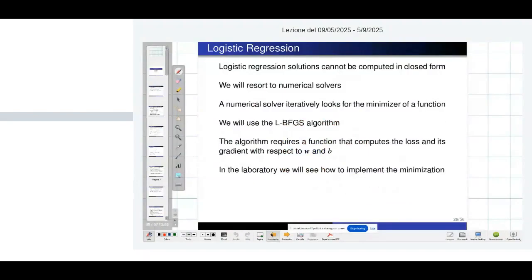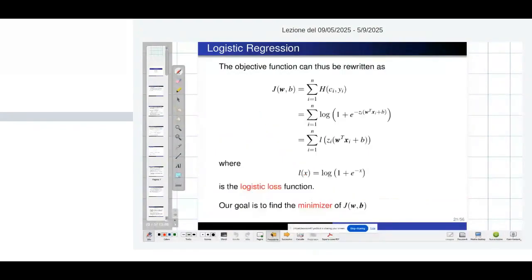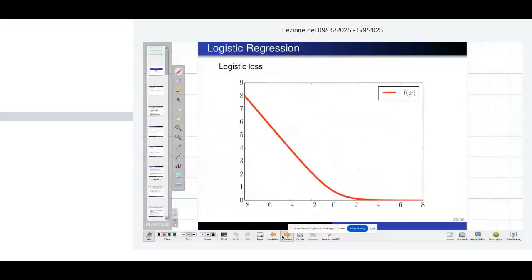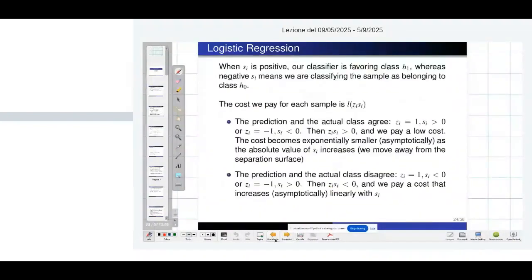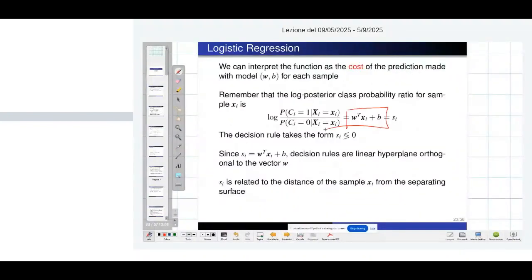We said that the model for binary problems assumes linear separation of the kind W transpose X plus B greater or lower than 0, or in general, if we have non-uniform cost of errors, it will be a threshold that depends on the cost of errors. The prior is already embedded in the decision rule here.